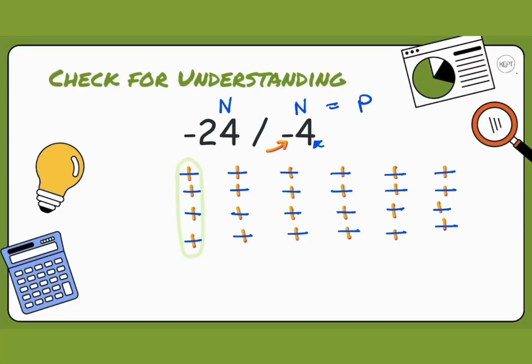That's 1, 2, 3, 4, 5, 6. So I have 6 total groups that have 4 in each group. A negative divided by a negative is a positive. Negative 24 divided by negative 4 is positive 6.